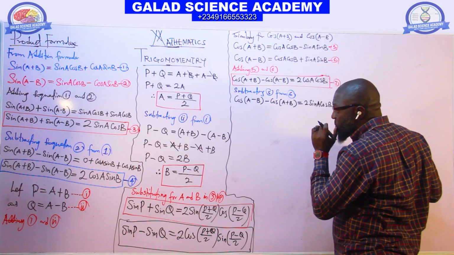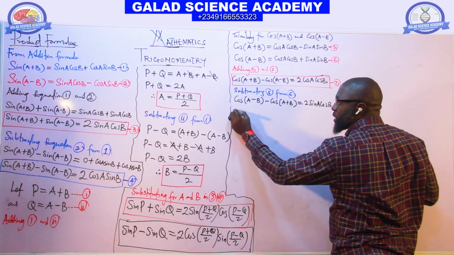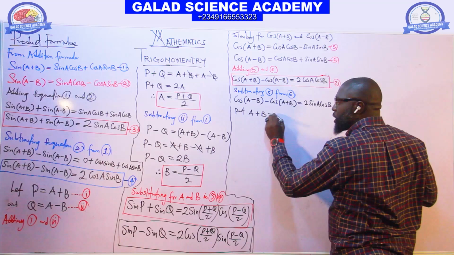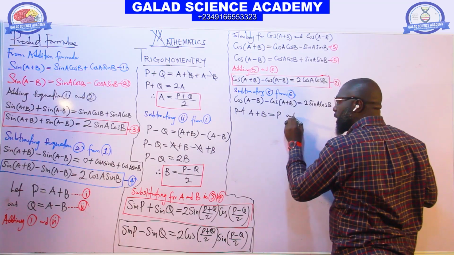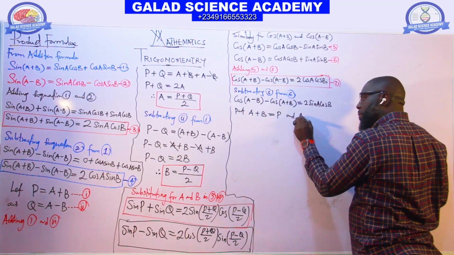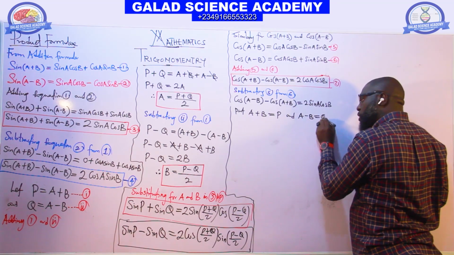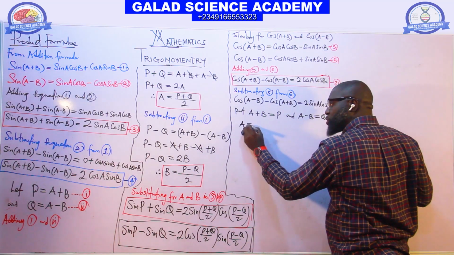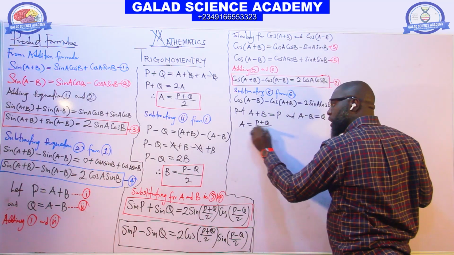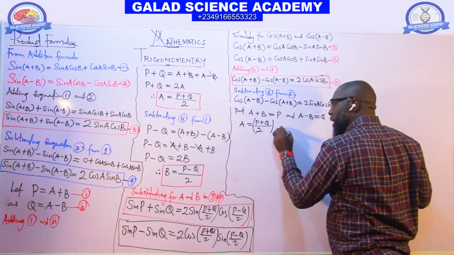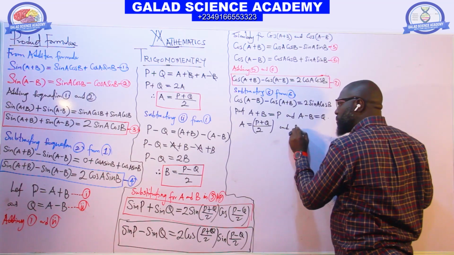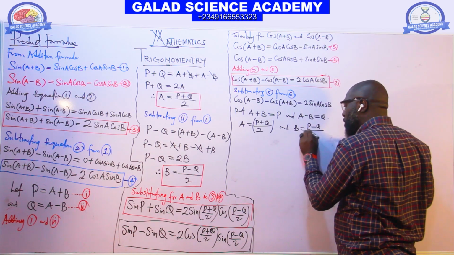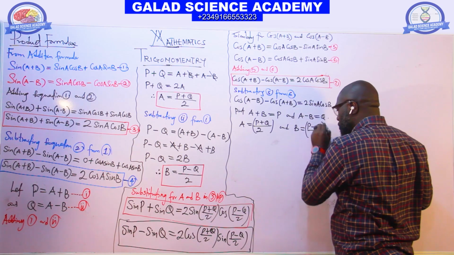We know that we put A plus B equal to P, and A minus B equal to Q, the way we did that time. And we later arrive at A equal to (P plus Q) over 2, and B is equal to (P minus Q) over 2.